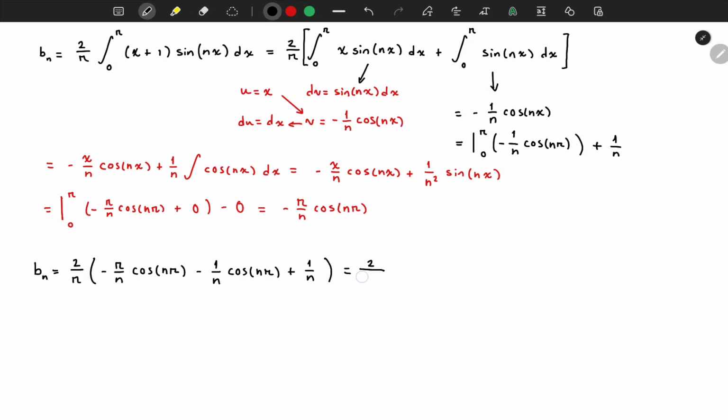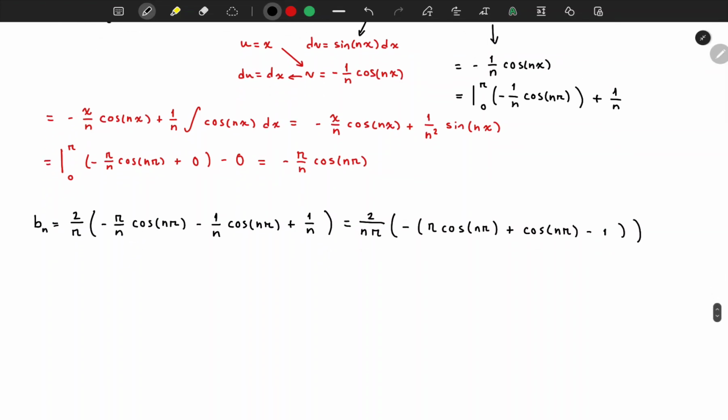So this means we'll have 2 over n pi, and what we're also going to do is we'll factor out the negative while we're at it. So this means we'll have pi cos n pi plus cos n pi minus 1.